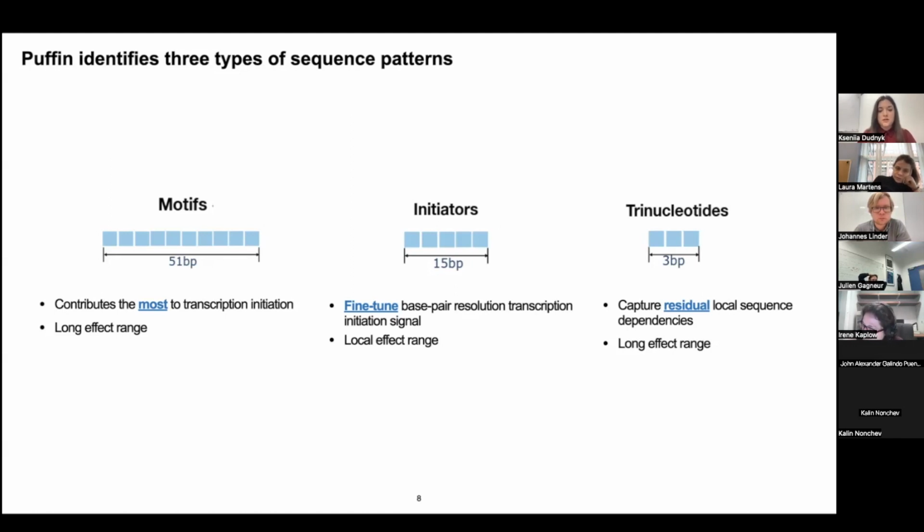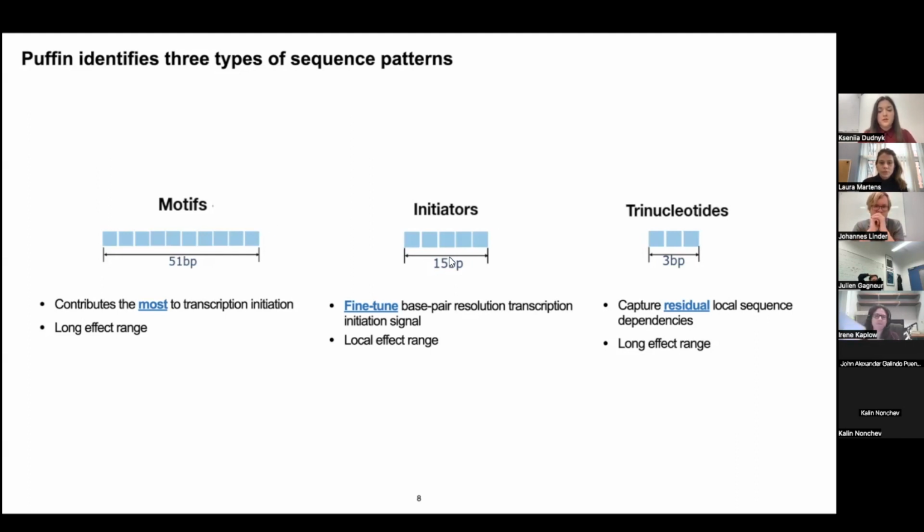Puffin needs three types of sequence patterns to represent all kinds of sequence dependencies that are present in the genome. All of the sequence patterns follow the same rules that I discussed on the previous two slides, but they have different roles in transcription initiation. For example, motifs are the most important. They contribute the most to the signal.